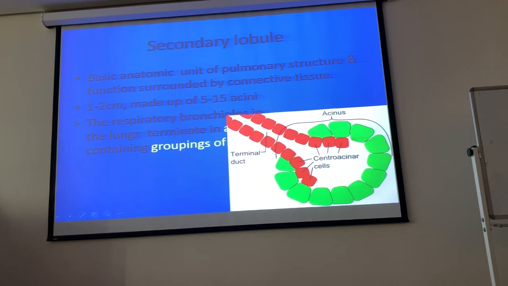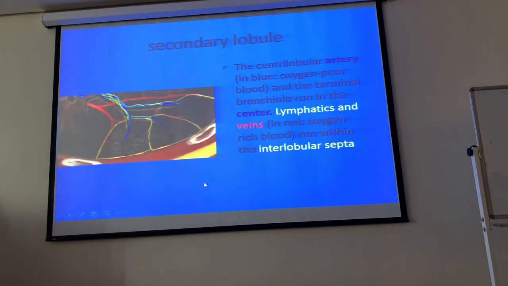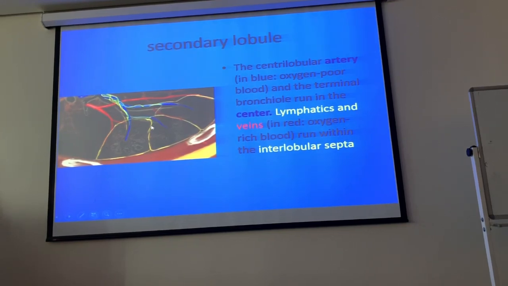Now you see, we have just one acinus. So you will copy the lecture and then you will see all these slides. So this is one lobule, the yellow one.